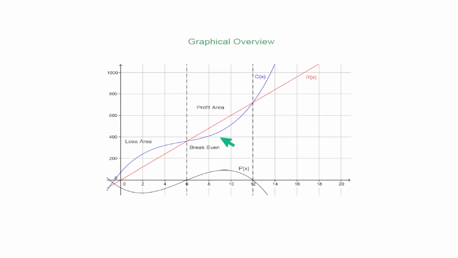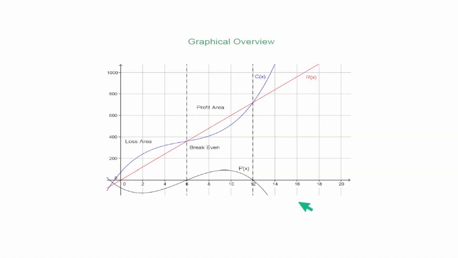You can see in this graphical overview the cost function C of X versus the revenue function R of X. Last but not least, the profit function P of X is drawn. And you can easily see that this profit function has a minimum and a maximum.